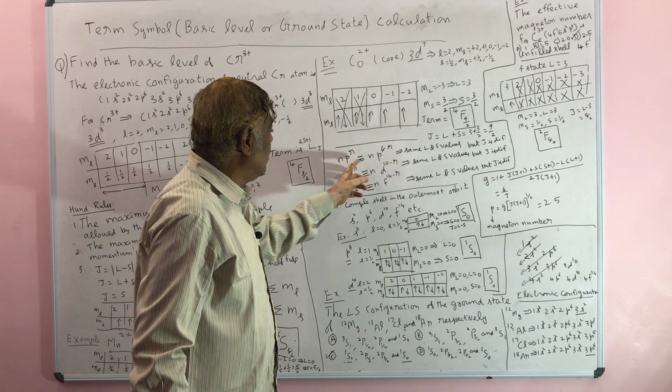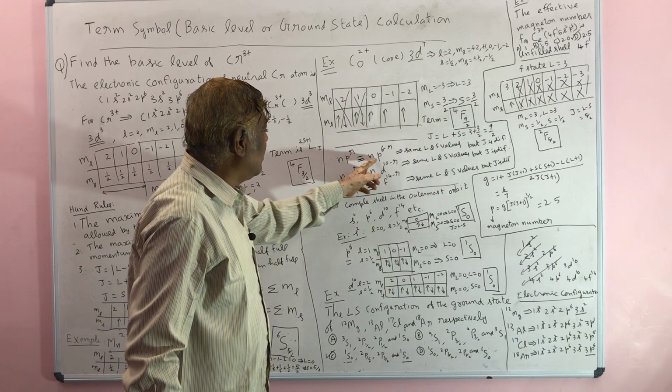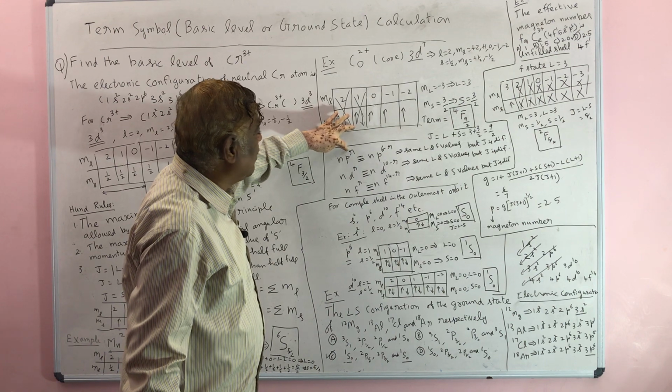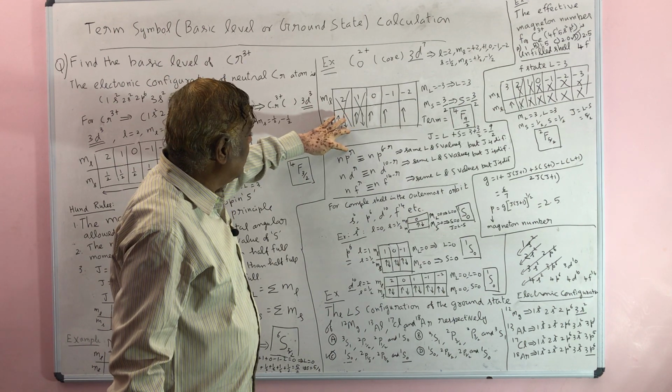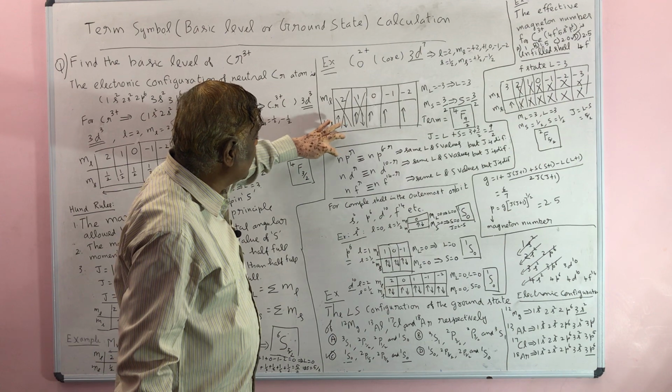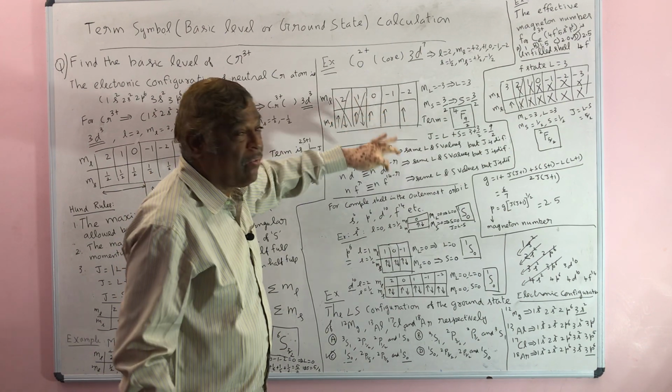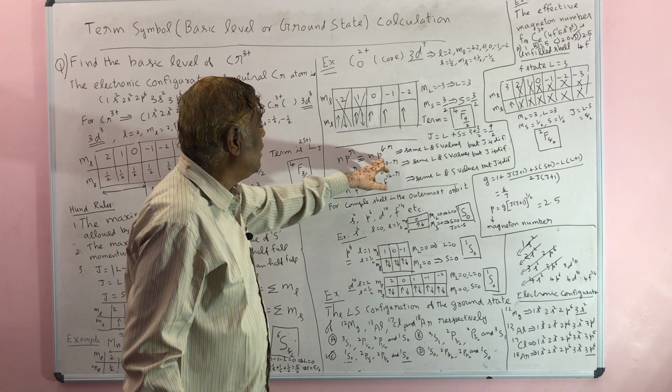R is the number of electrons occupied in the P state for this atom. For another atom, 6 minus R is the number of electrons occupied in the P state.